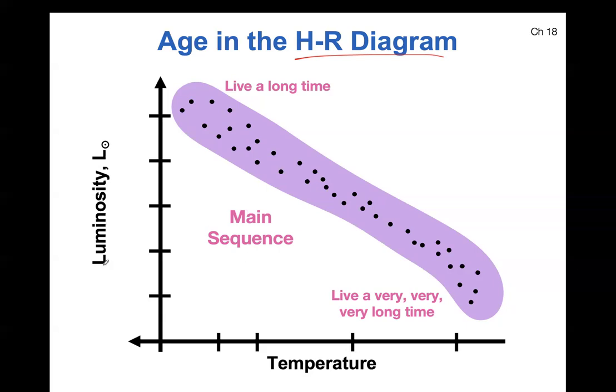I say stellar astronomy because we don't care about it if we're just studying, say, solar system astronomy. But if we talk about stars, which anything beyond the solar system is going to involve, then this is a super important way to understand stars. And the diagram is really a graph, and it relates luminosity on the vertical axis to temperature on the horizontal axis.